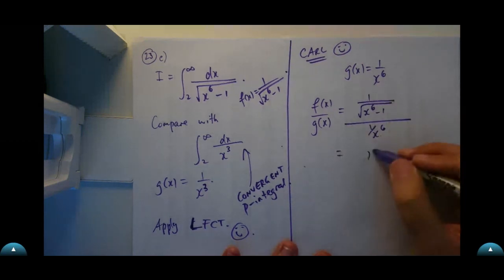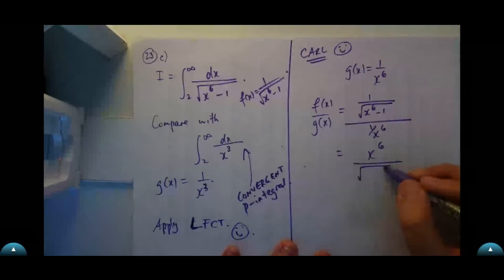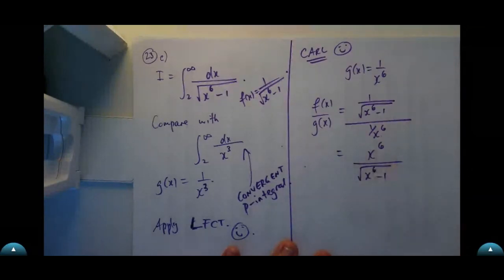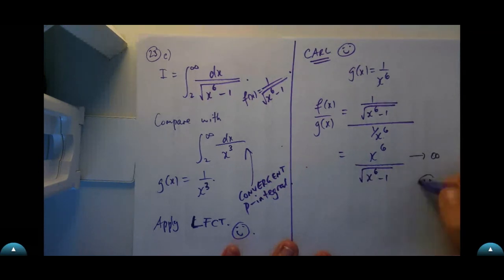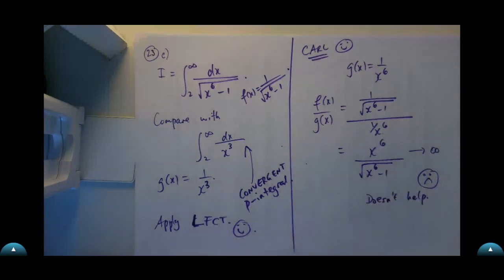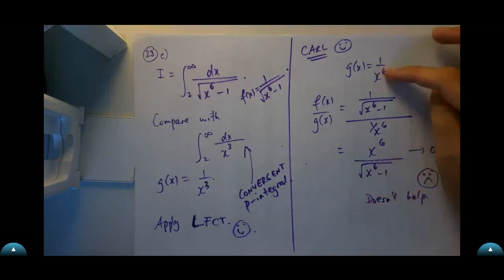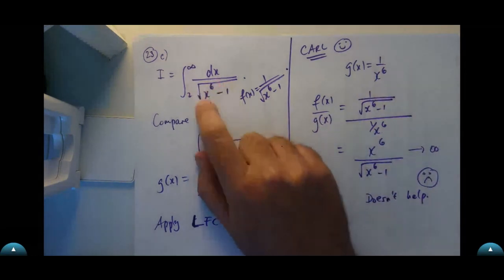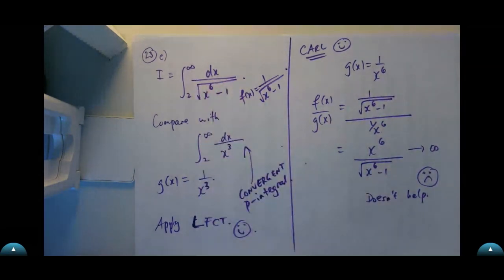This goes up there. Now, what happens when you take the limit as x approaches infinity? It doesn't help. So that choice is not a good choice. You need to think about the square root sign. But it was a good suggestion, Carl.